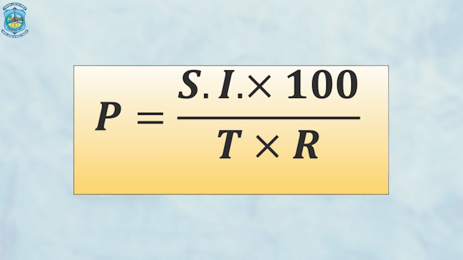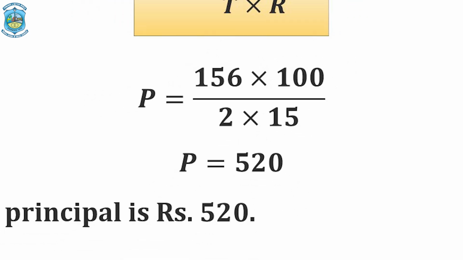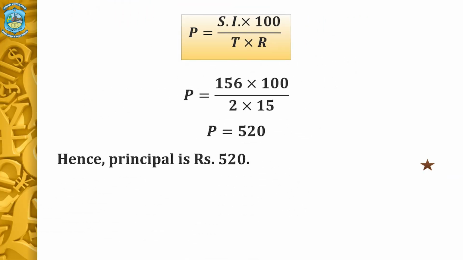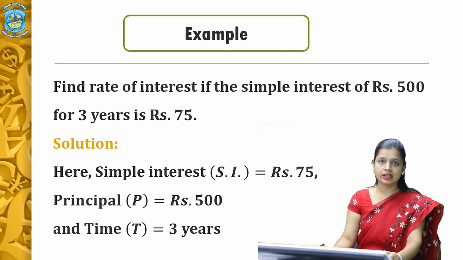We get P equals SI multiplied by 100 divided by T into R. We substitute the values of SI 156, T 2 and R 15. Now, we simplify this term, we get 520. So, in this case the principal amount is rupees 520.